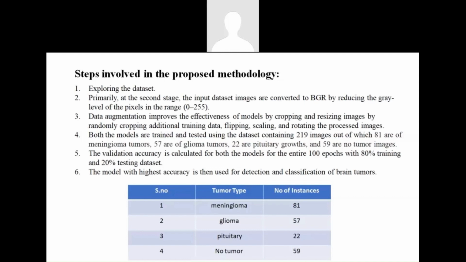So it is important to annotate every image, so that only then can we perform YOLO V5 training and Faster RCNN training. So these both were trained. The data set we have taken was trained and tested.